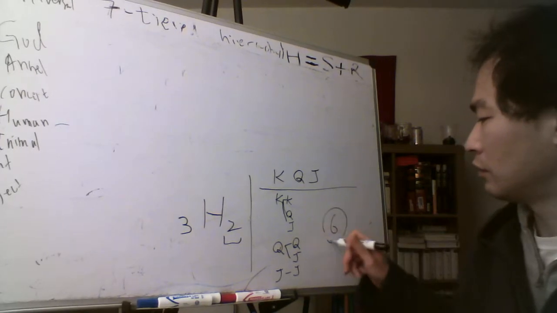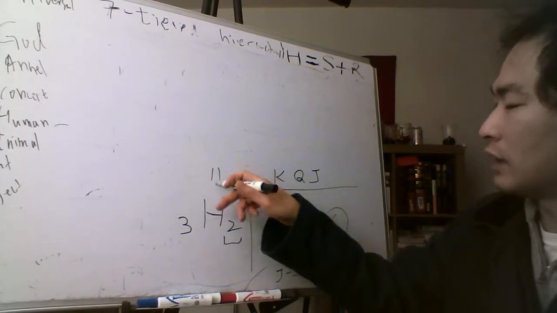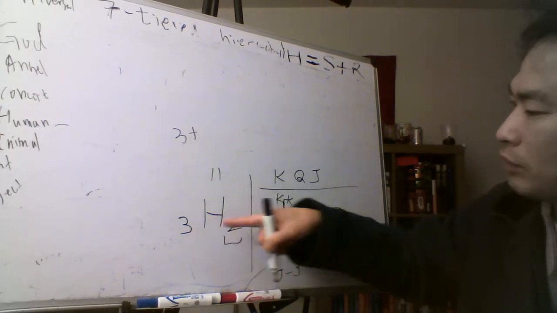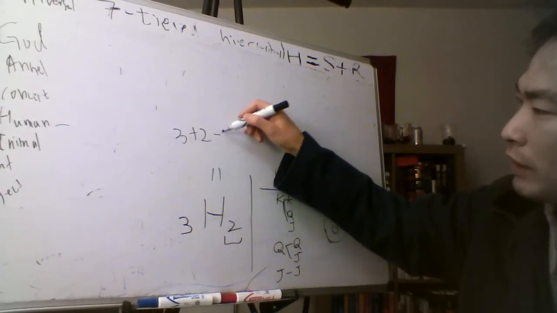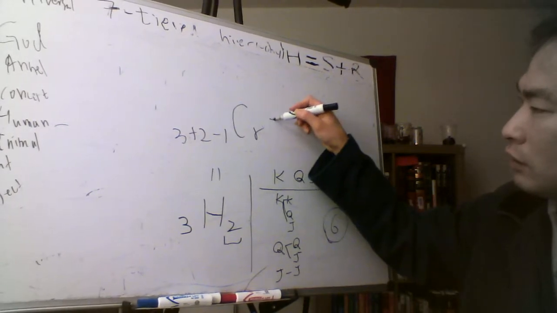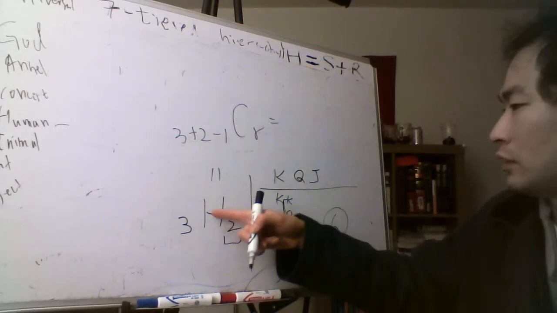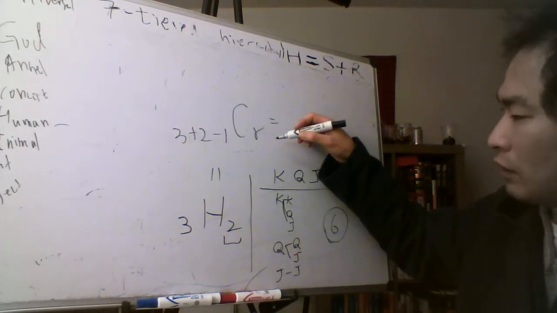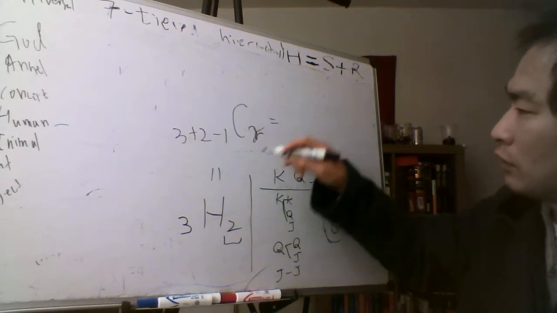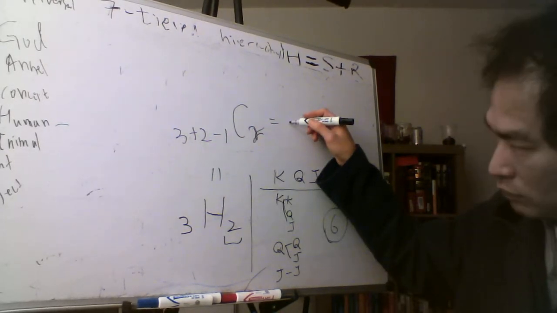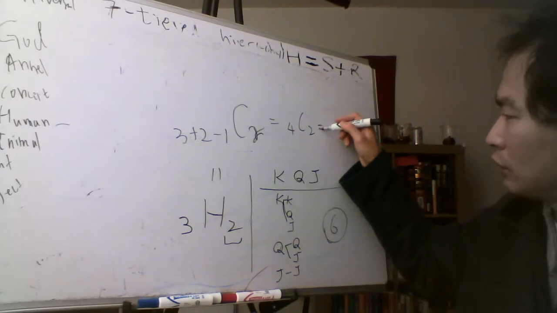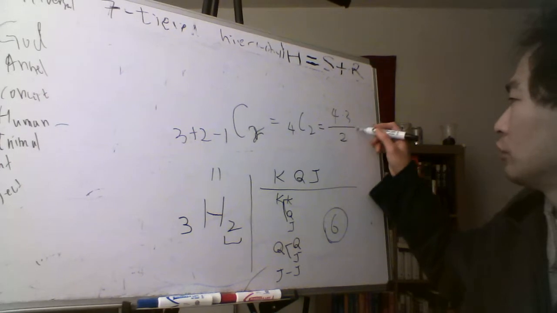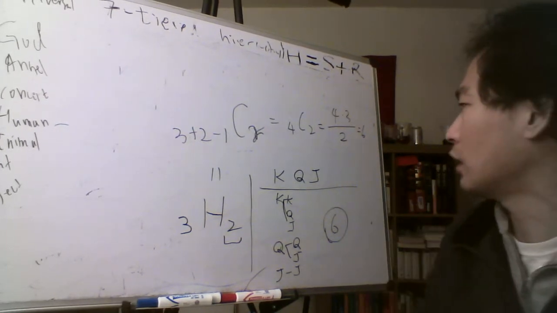There are 6 of them. And there's this nice handy formula. You add n plus r minus 1 c r. That's how you calculate this h, this combination allowing repetition. Okay, what is r? 2. Okay, so 3h2 is 4c2, which is equal to 4 times 3 over 2 equals 6. Okay, so that's how you calculate that.